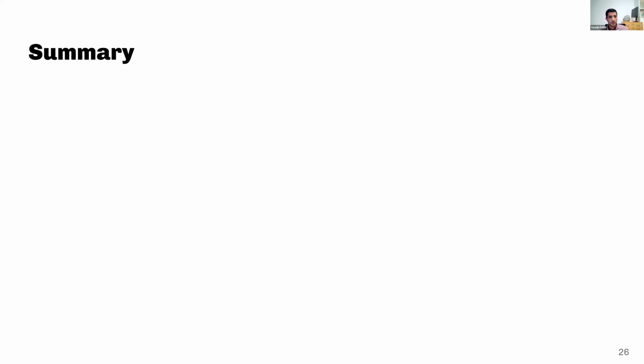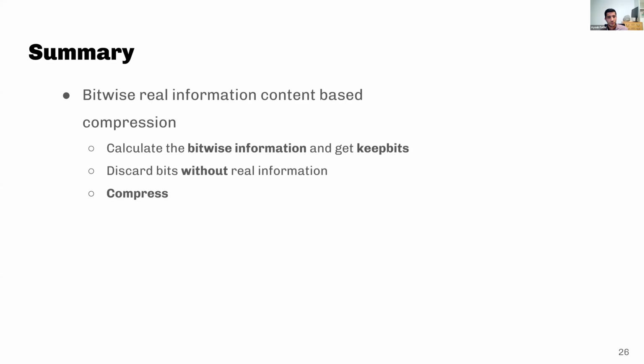And as a summary, the bitwise real information-based compression is executed as follows. We first calculate the bitwise information and keep it. Secondly, we eliminate the bits lacking real information, and we perform the lossless compression.